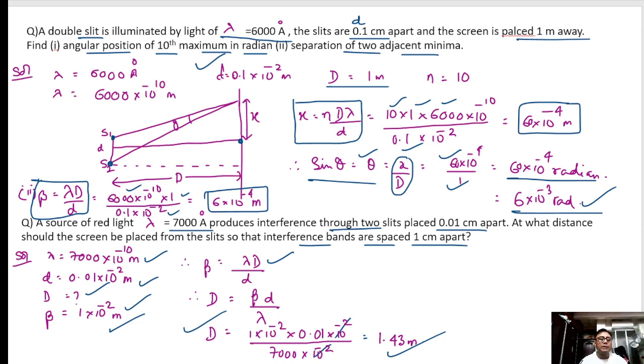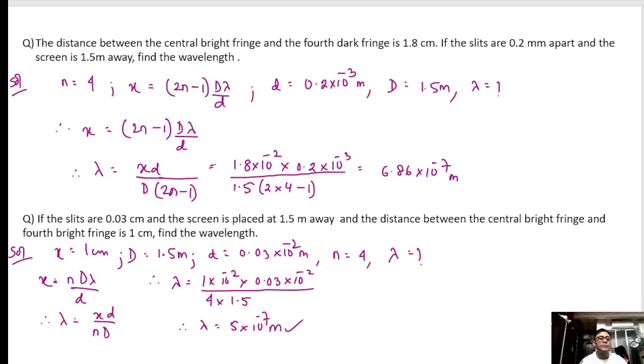Next, we want to find out the next sum. Let us see what it is. Okay, so they are telling the distance between the central bright fringe and the fourth dark fringe.